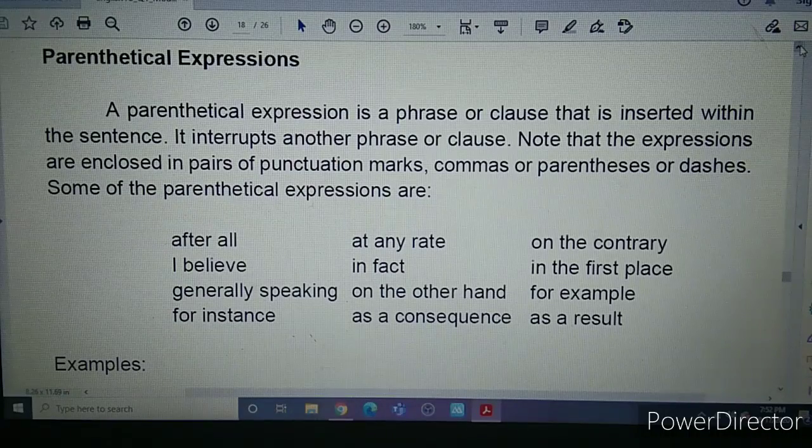Some of the parenthetical expressions are: after all, I believe, generally speaking, for instance, at any rate, in fact, on the other hand, as a consequence, on the contrary, in the first place, for example, and as a result.